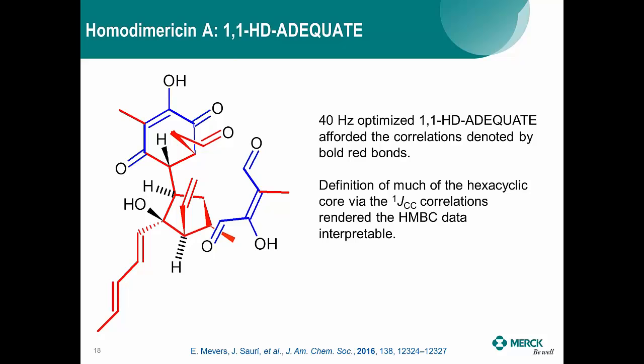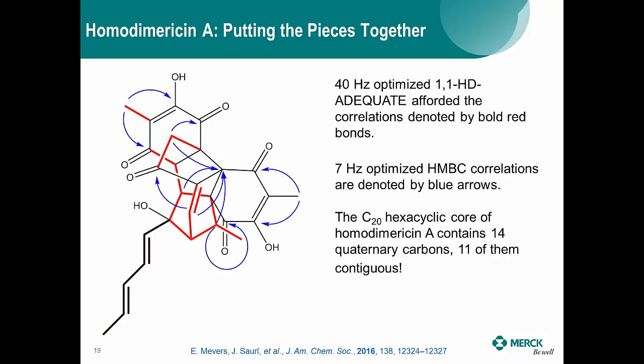So we went back to the HMBC data, and we were finally able to establish the skeleton of this complex compound. Here we can see in the blue arrows the most important HMBC correlations. Basically, this shows that we have 20 carbons in the exocyclic core of Homodimericin A that contain 14 quaternary carbons, 11 of them contiguous.